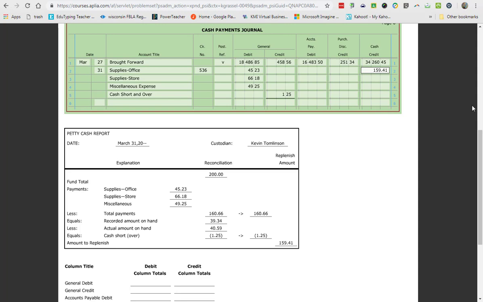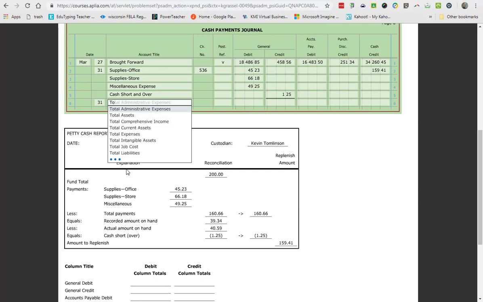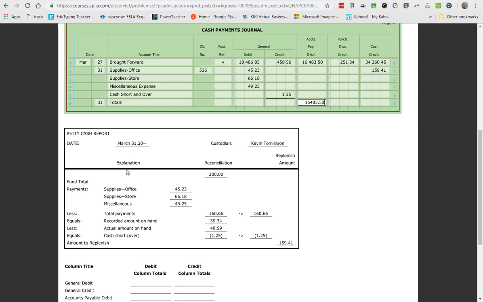Okay? Now, what goes here on line 6? Total. Do the 31st. Then we're going to say totals instead of total because we have more than one number. I'm doing the easy ones first for totaling up, which would be your accounts payable and your purchases.